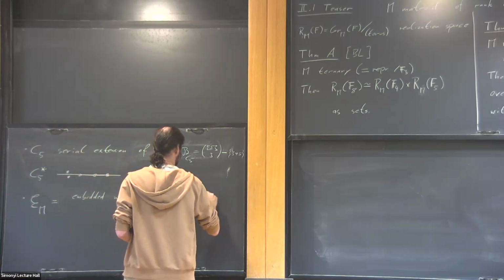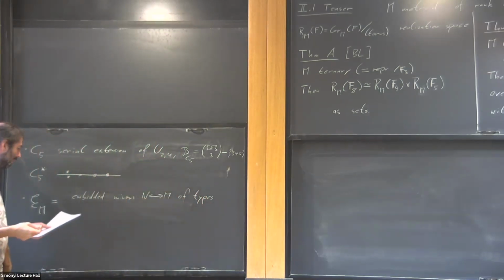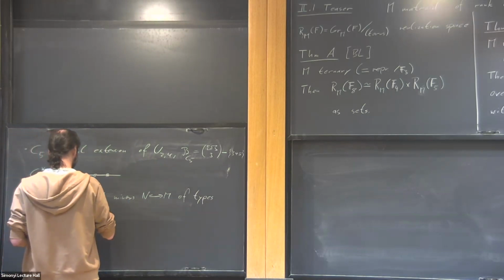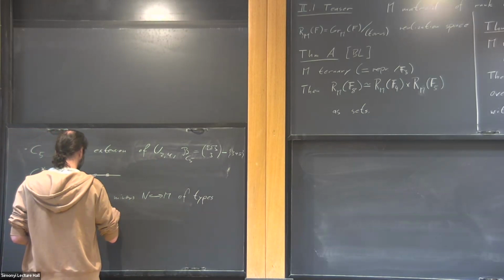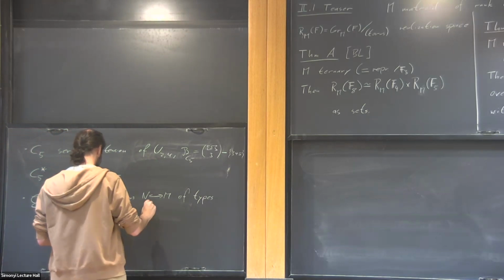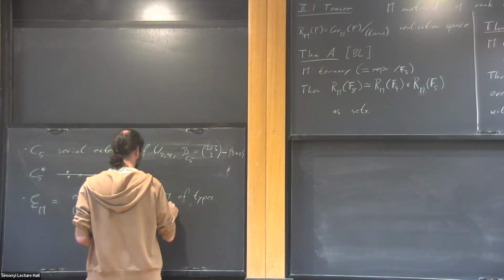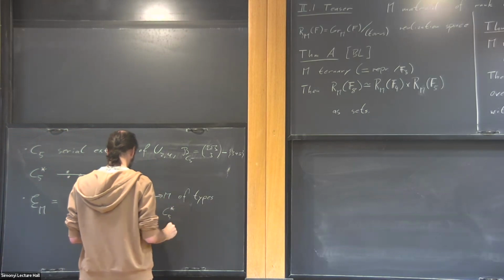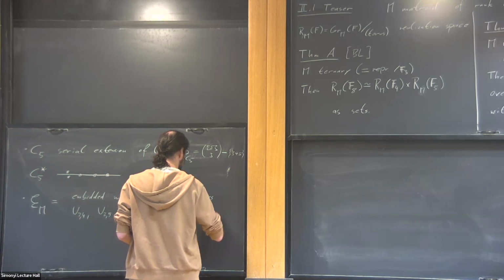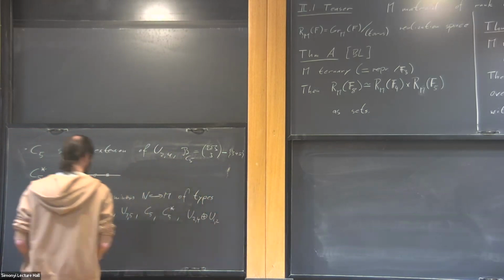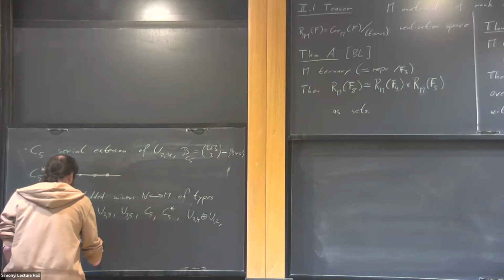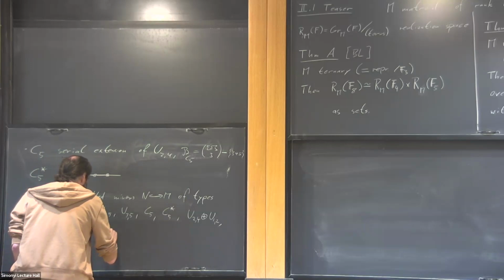I take those types. Types means morphism types, matrices of types U24, U25, root 3, 5, C5, C5 star, U24 plus U12, F7, and F7 star.